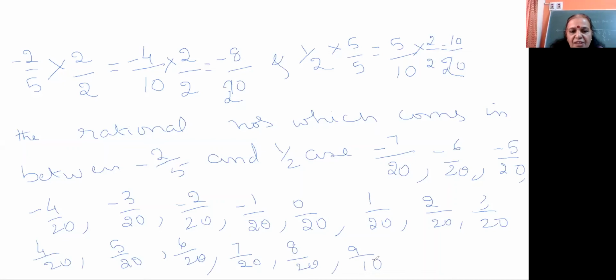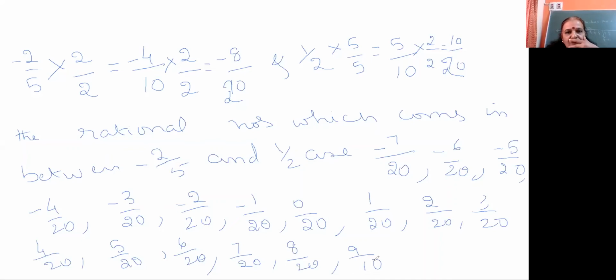Here you have found 1, 2, 3, 4, 5, 6, 7, 8, 9, 10, 11, 12, 13, 14, 15, 16, 17 rational numbers. But in this question, they have asked only 10 rational numbers. See, to find the rational numbers which come in between, first you have to see that the denominator is the same. Here 2/5 and 1/2. Therefore, multiply both numerator and denominator by 2. It is 2 2s are 4 and 5 2s are 10.